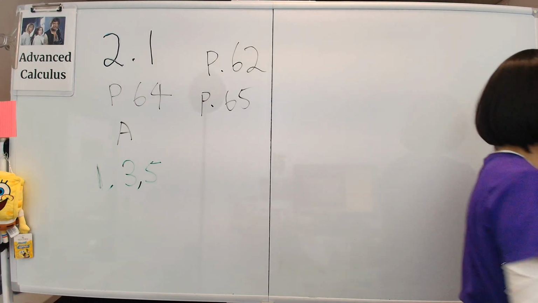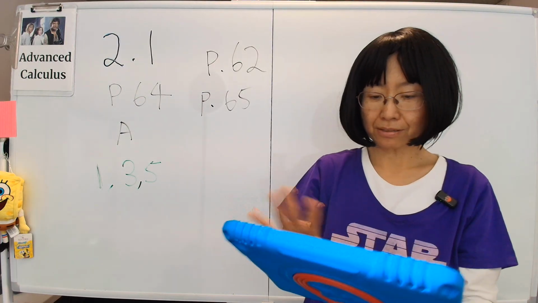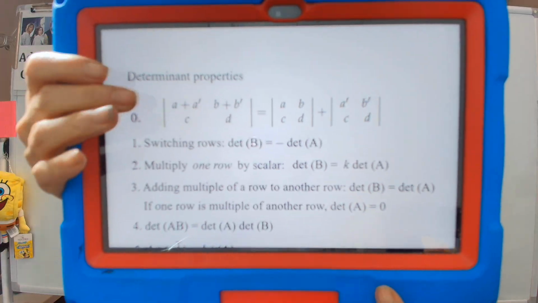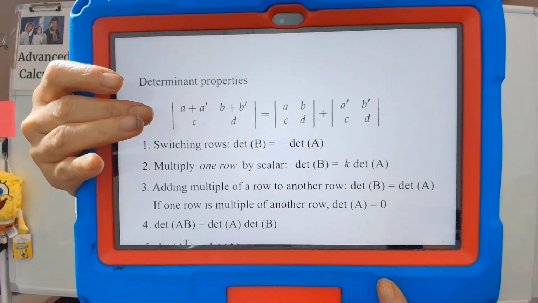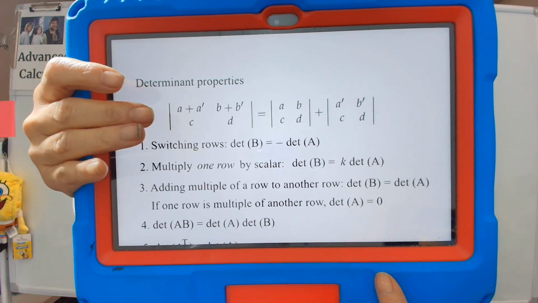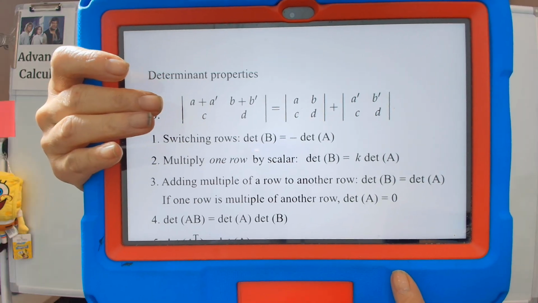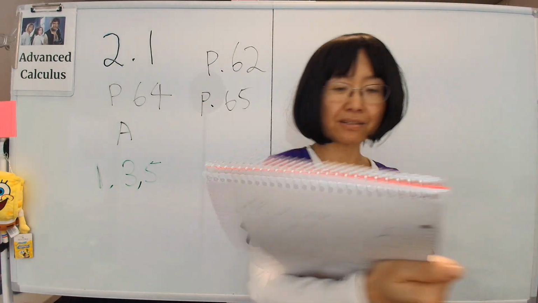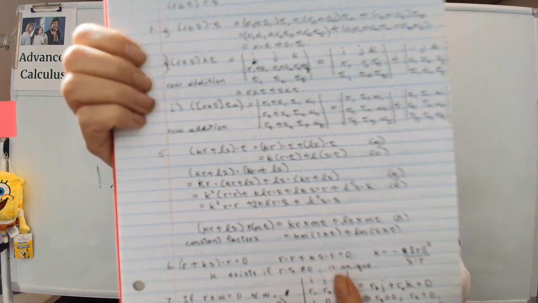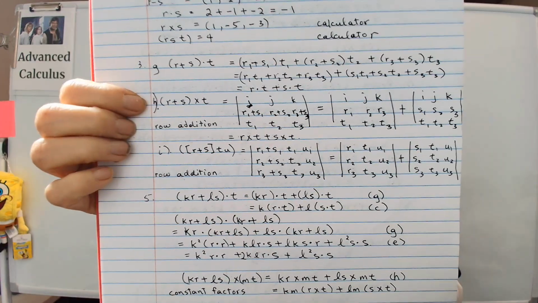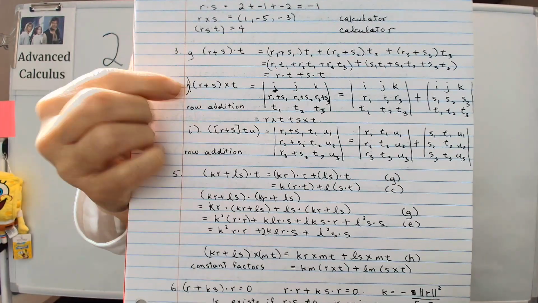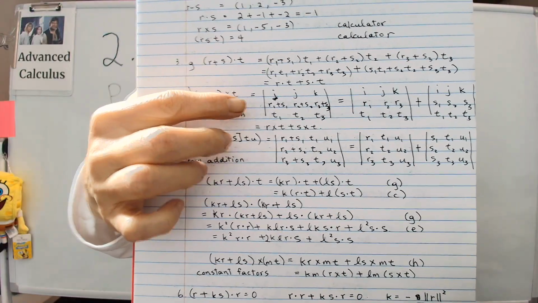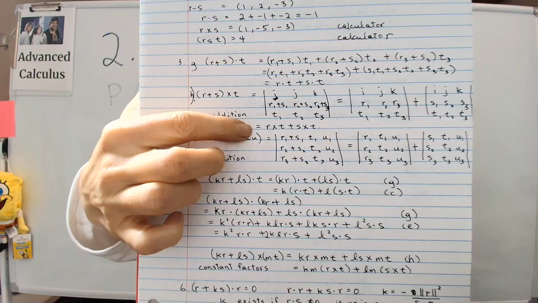In determinants, if you have two things added together, like my determinant property 0, you can split them up into two determinants and then add them together. That's the property I'm using here, which makes things very simple. Since there's a plus in here, we just split it into two determinants, and that proves this situation.